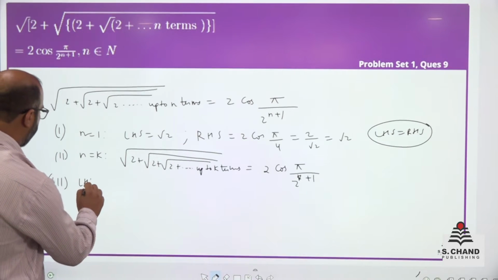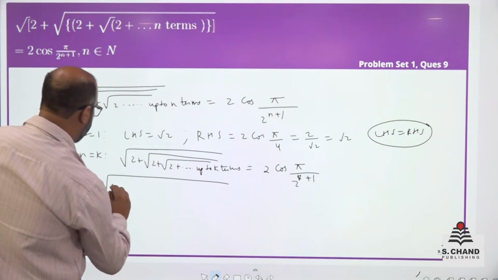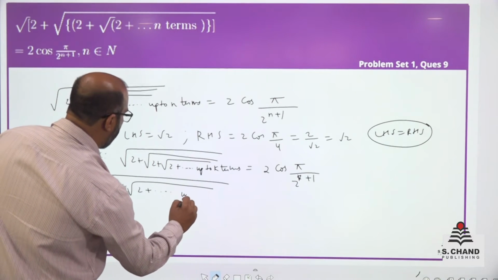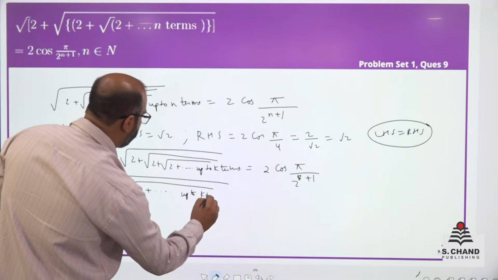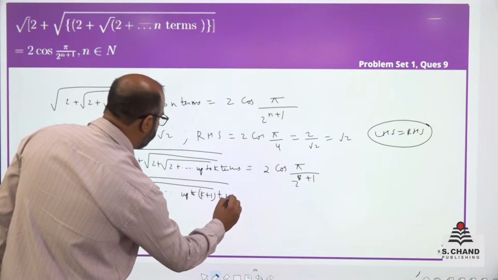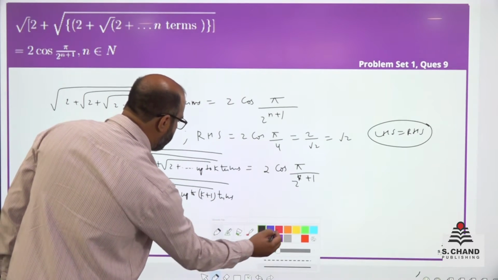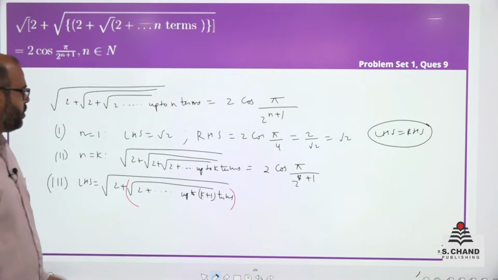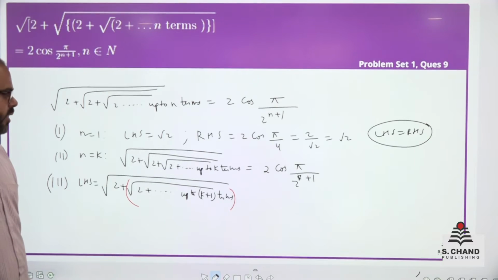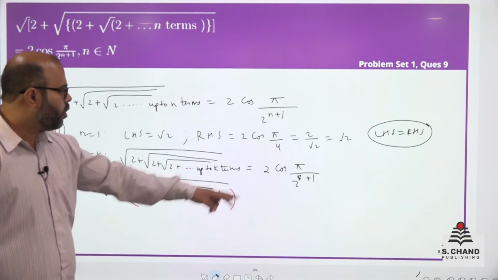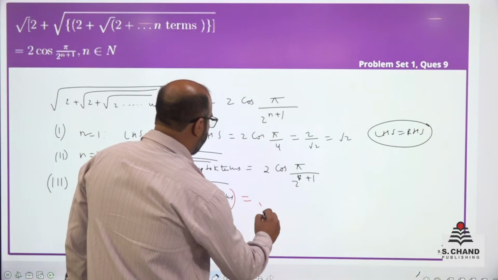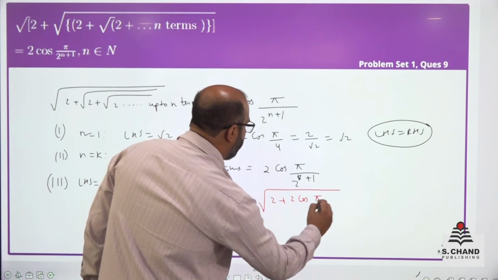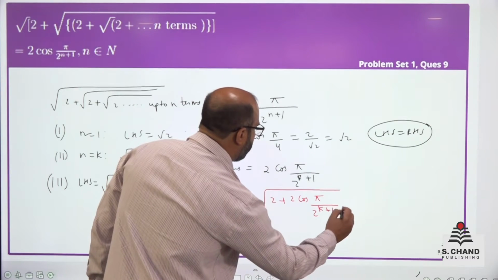So LHS will become root over 2 plus root over 2 plus dot dot dot up to k plus 1 terms. Now, as you can see here, from here to here there are k terms if you eliminate the 2 from outside, and for this value it is already given from the induction hypothesis that this is 2 cos pi by 2 to the power k plus 1.